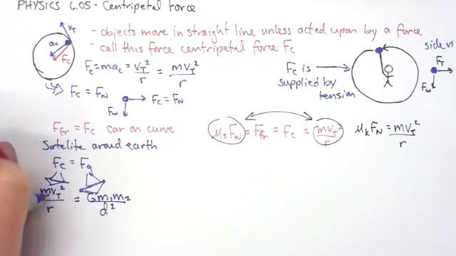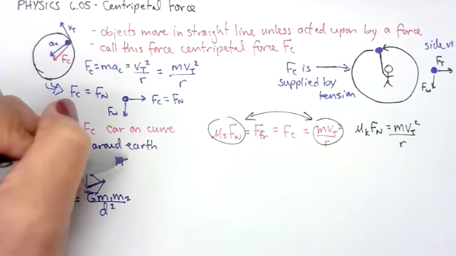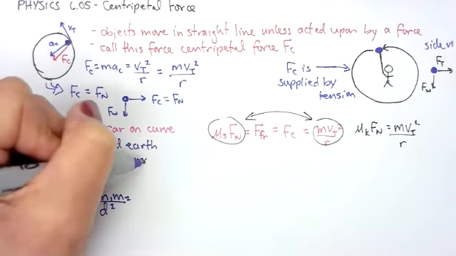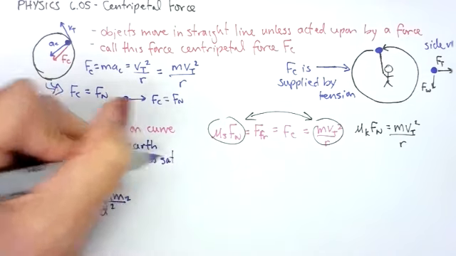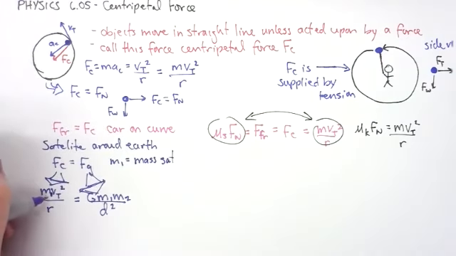And this would be the mass of the satellite. So we'll say M1 is the mass of the satellite. Do you notice something interesting? We could actually cancel that out. We don't have to use that, but we'll leave it in there for now.